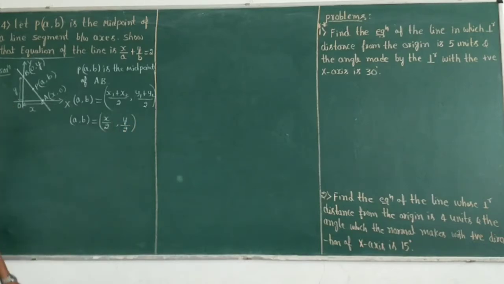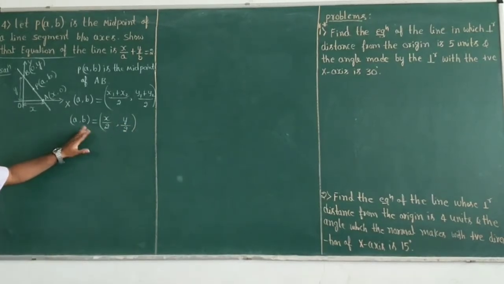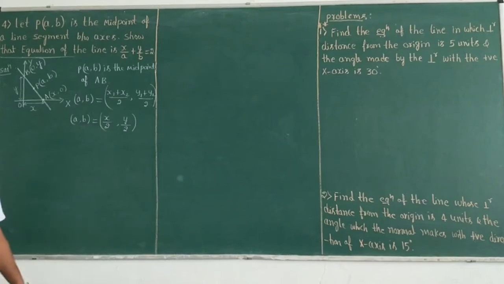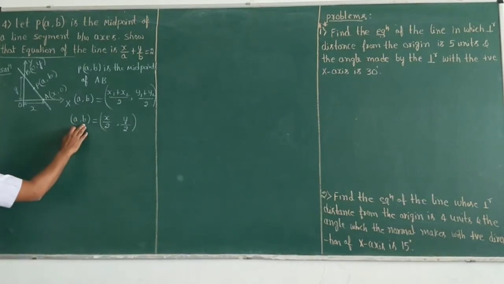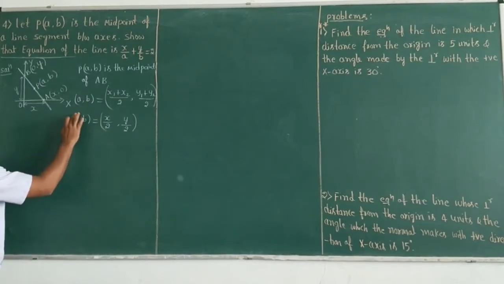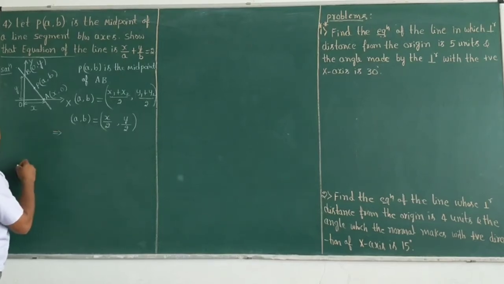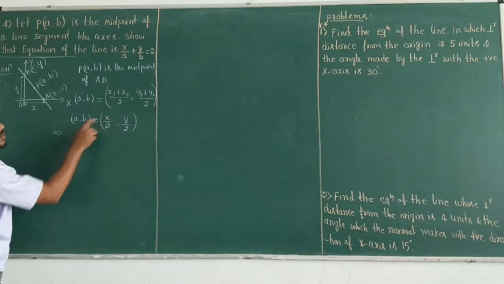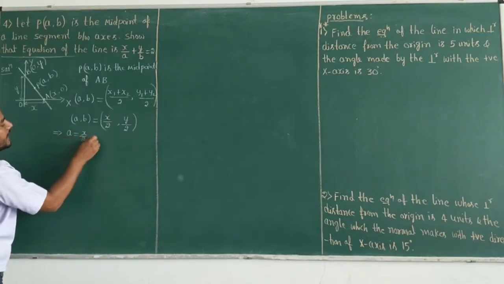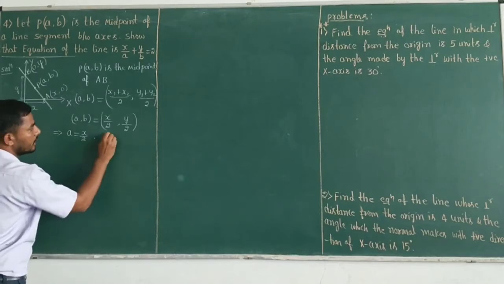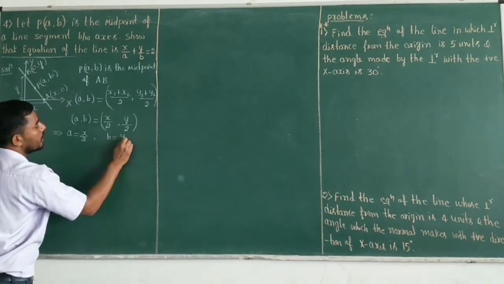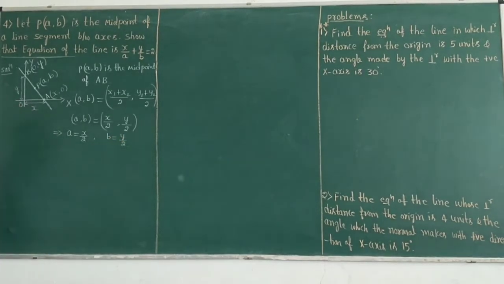In this expression two ordered pairs are equal. Two ordered pairs are equal if and only if corresponding elements are equal. So a is equal to x divided by 2, and also b is equal to y divided by 2.